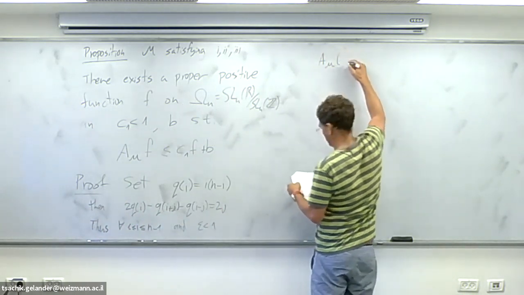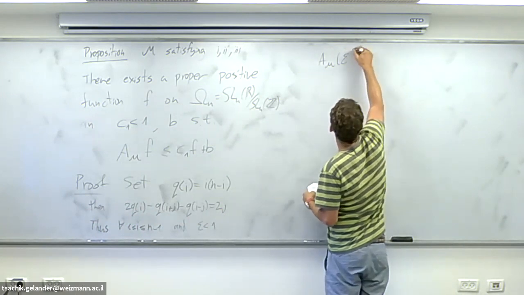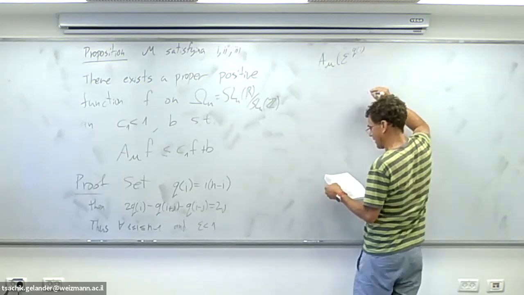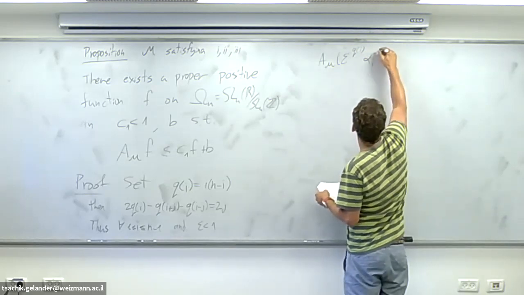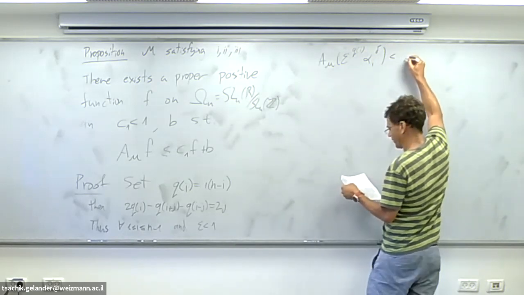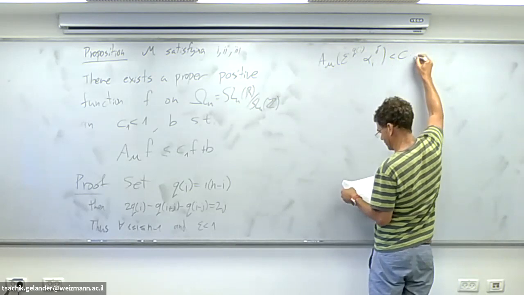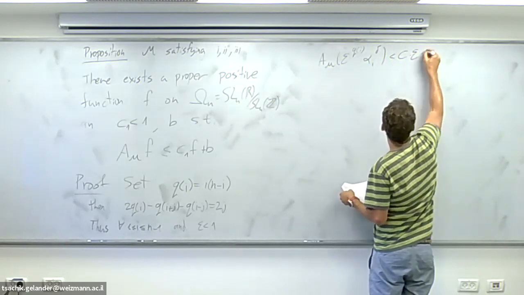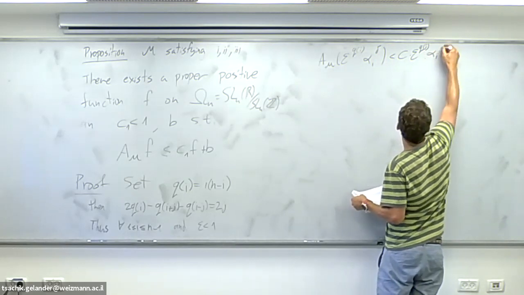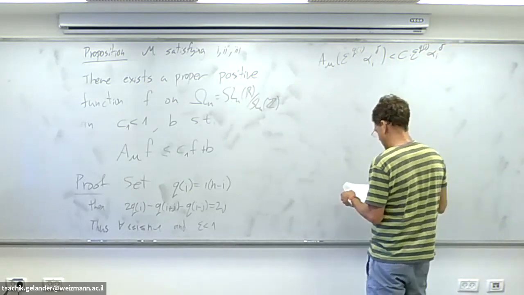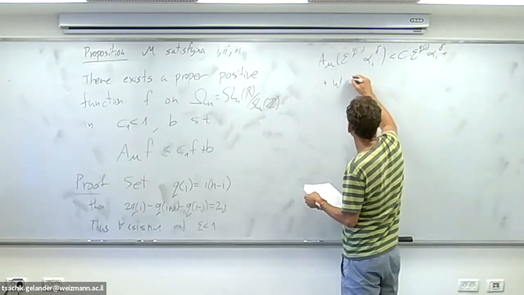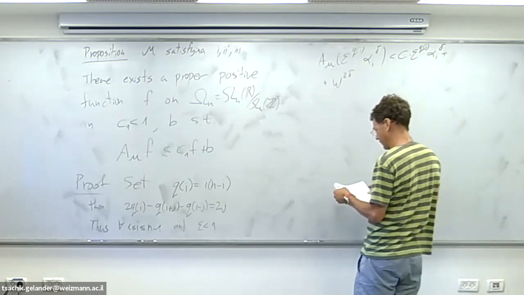A mu of epsilon to the Q I alpha I delta is smaller than C times epsilon Q I alpha I delta plus W to delta, that's the same, right?